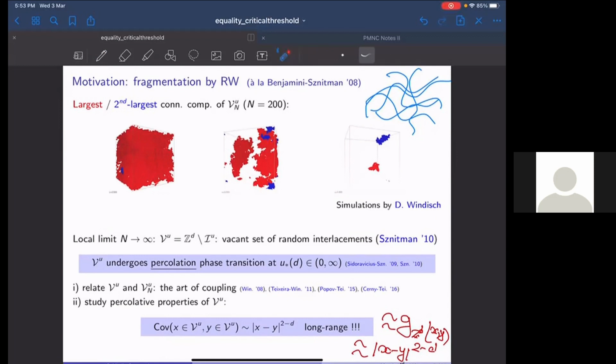You can locally modify configurations, which allows you to perform local surgeries, jump from one event to another, and show that a certain event exists from the existence of a much more convenient event.